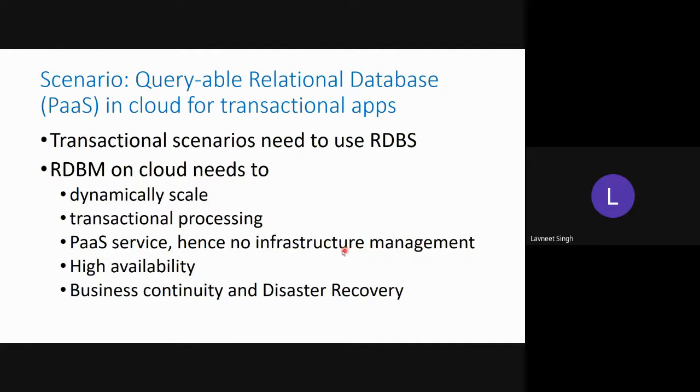So this is the hint to my question earlier, how will you create an RDBMS yourself? But this one is a PaaS service, so you don't have to worry about any infrastructure. And obviously, high availability has to be ensured, and also business continuity and disaster recovery in case of a large scale disruption, like we have discussed quite a few examples of what can happen.